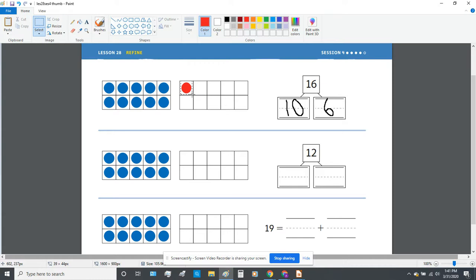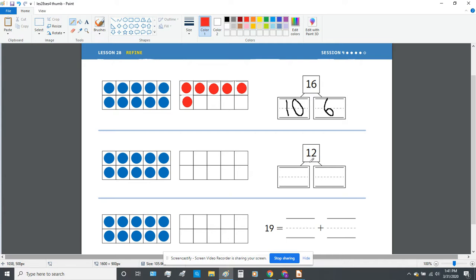So there's 1, 2, 3, 4, 5, and 6. Pause the video if you need extra time to fill in yours. I will be looking to make sure that your work has matched this so that you understand how the lesson is progressing. But for now, let's move on to the 12.